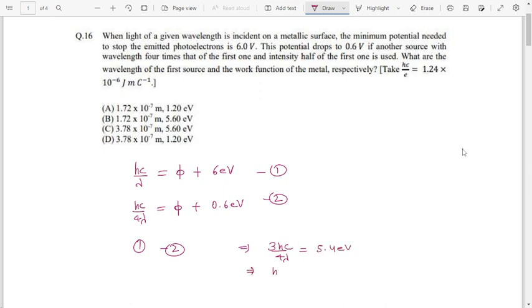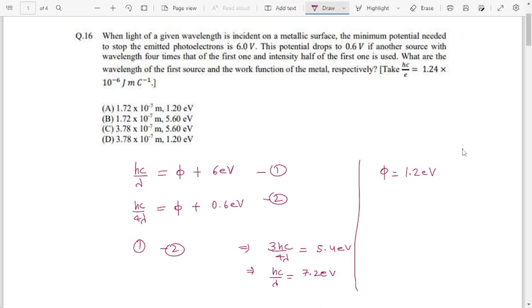From here, we can see that hc by lambda comes out to be 7.2 electron volts. Now, this value once substituted in equation number 1 will give us the value of phi as 1.2 electron volt. So the work function comes out to be 1.2 electron volt.